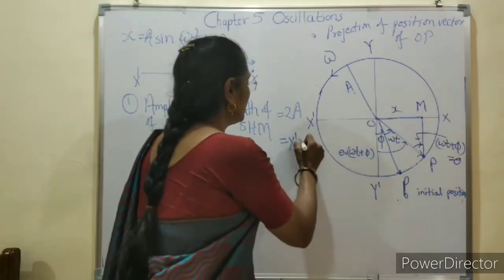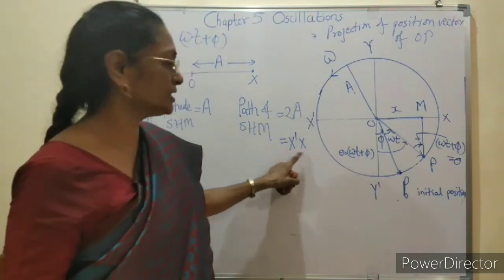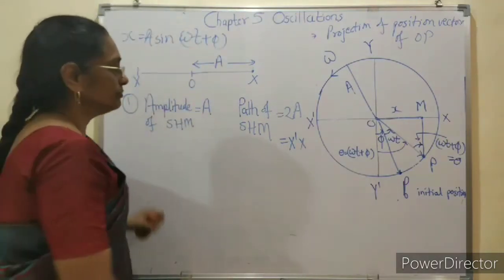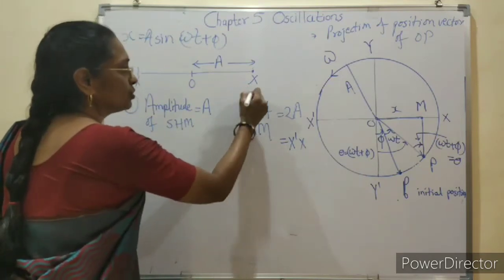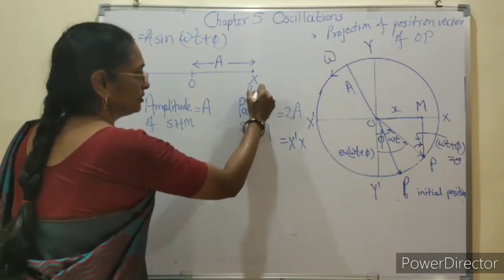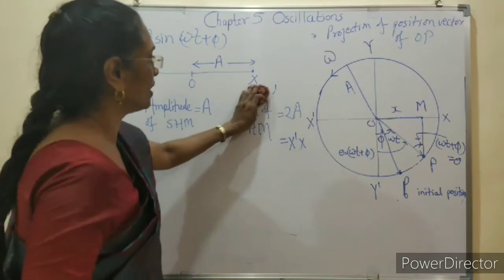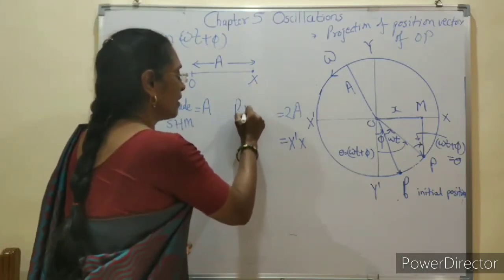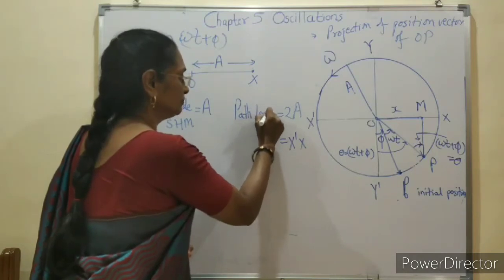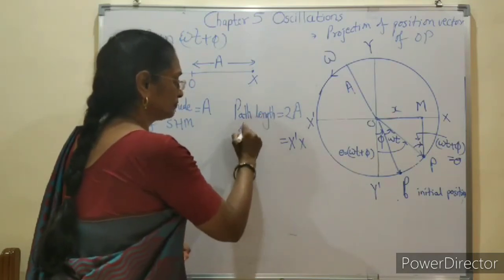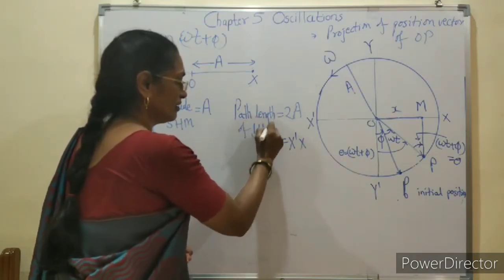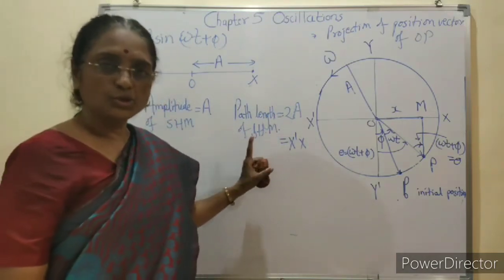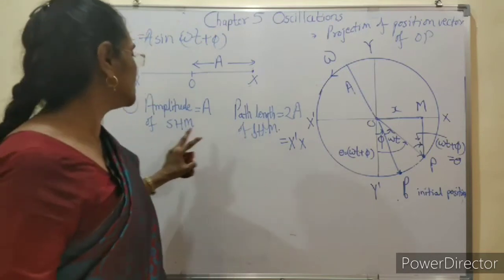In this figure it is X dash or X dash. So this is the path of SHM, or it is also called as path length. Instead of path of SHM, we call it as path length of SHM. So this is the simple definition. Actually, this is the revising point.